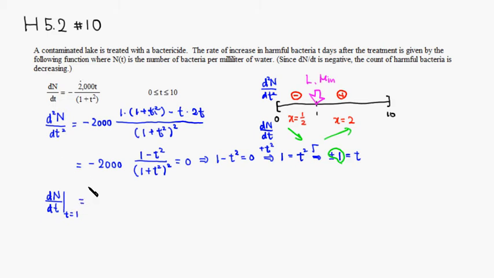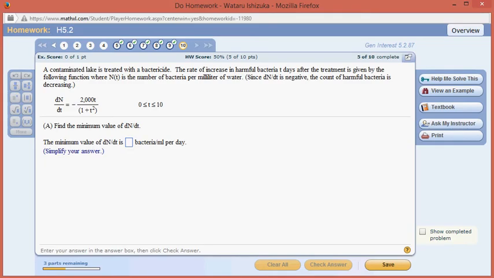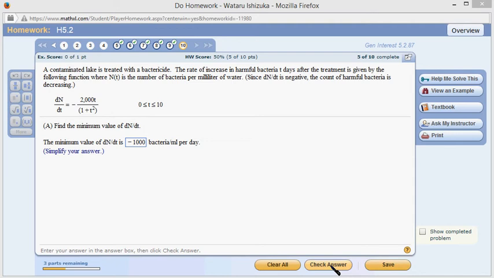So you have negative 2000 times 1 over 1 plus 1 squared. That's going to be 2, so it's going to be negative 1000. So we know that the minimum value would be negative 1000 bacteria per milliliter per day. All right, let's check the answer.